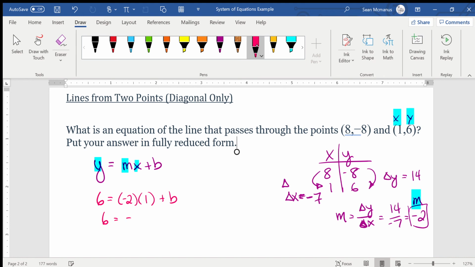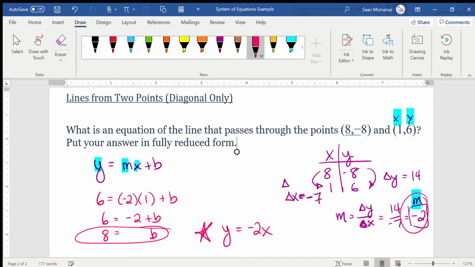So 6 equals -2 plus b. Add 2 to both sides, and the b is 8. So now I know the b and the m, and that's what I need to write the general form. So my final answer, any y on the line equals -2 times the associated x here, and the b is 8.